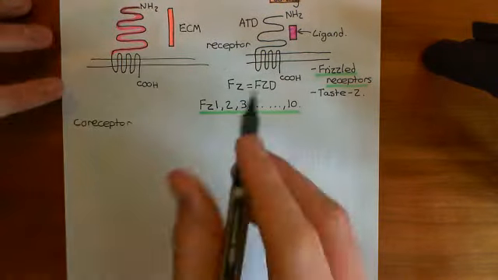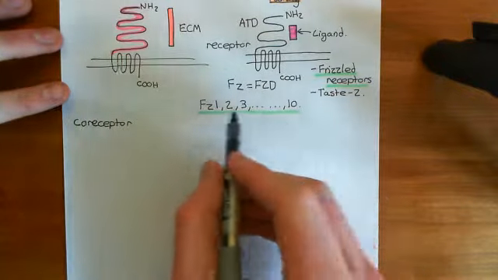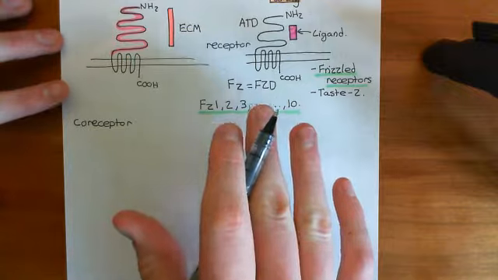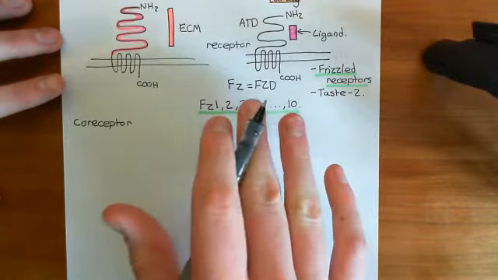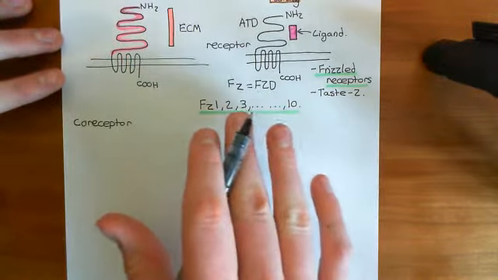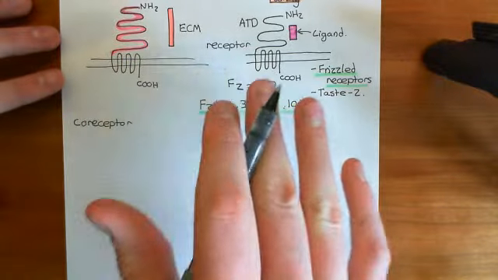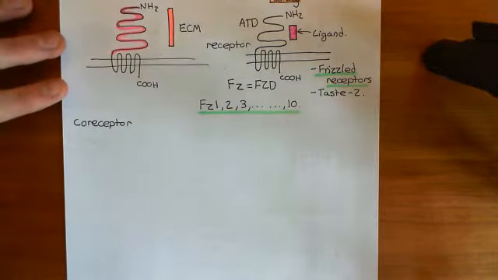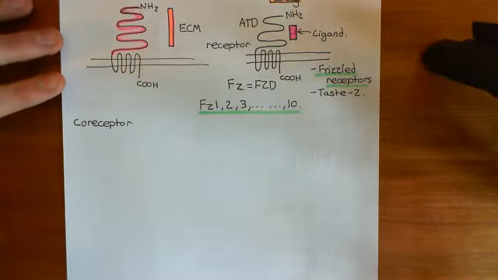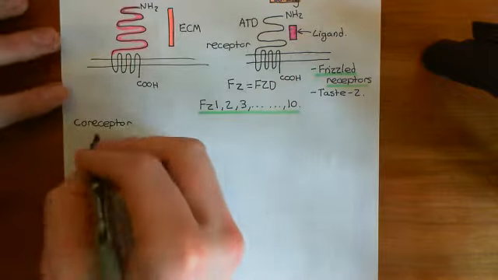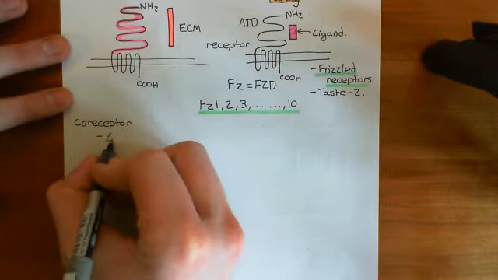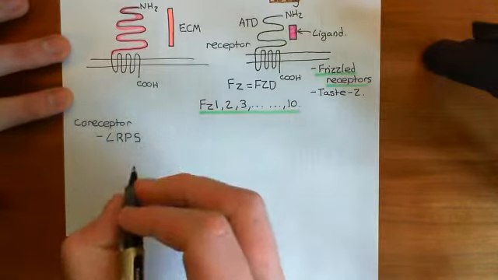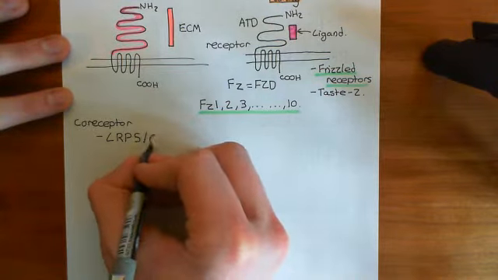Again, all of the Frizzled receptors, as far as we're concerned, do exactly the same thing. We're not going to distinguish between any of the single Frizzled receptors. We will just denote our Frizzled receptor as a Frizzled receptor, meaning one of these 10. For the co-receptors, there are just two different proteins: the LRP5 protein and the LRP6 protein.